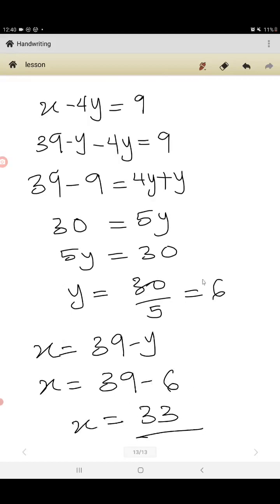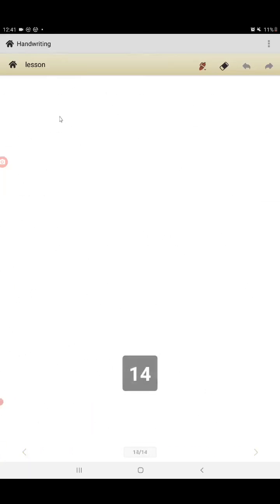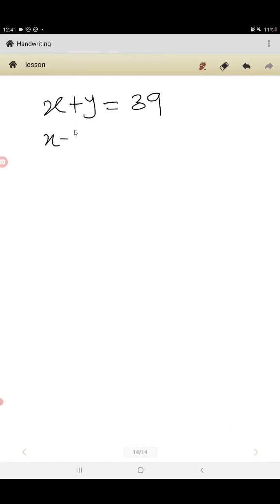So that is how we use the substitution method. Let's now use the elimination method to solve the equations. So x plus y is equal to 39, x minus 4y is equal to 9.